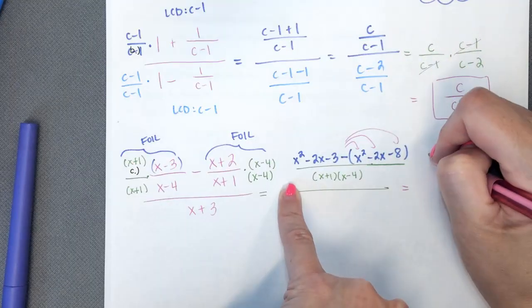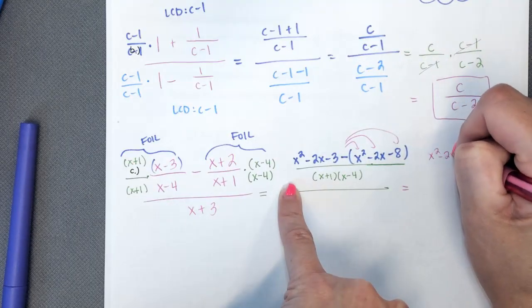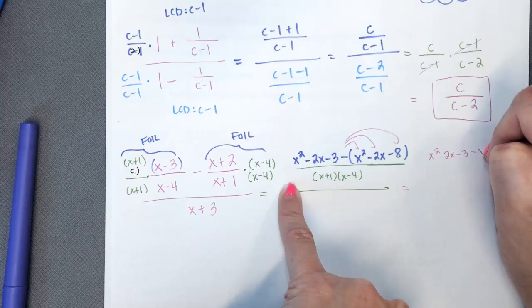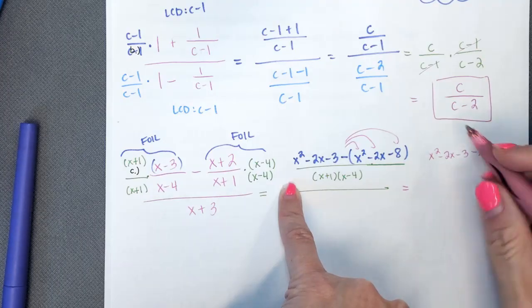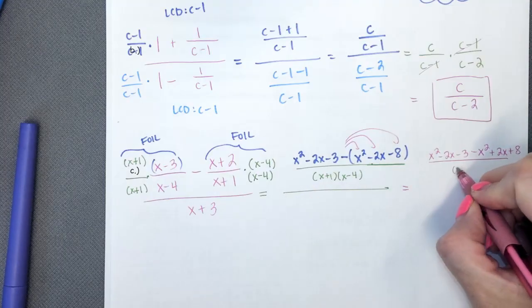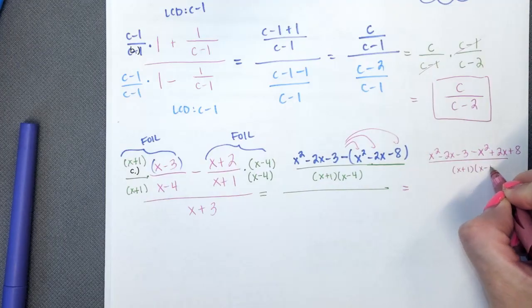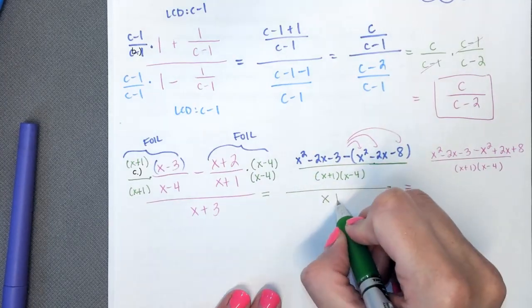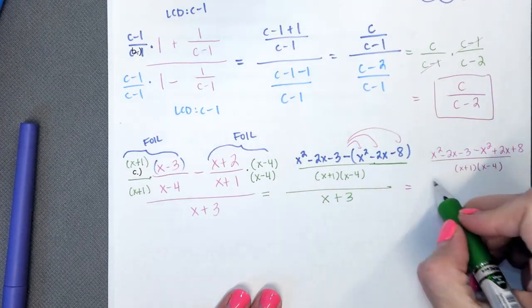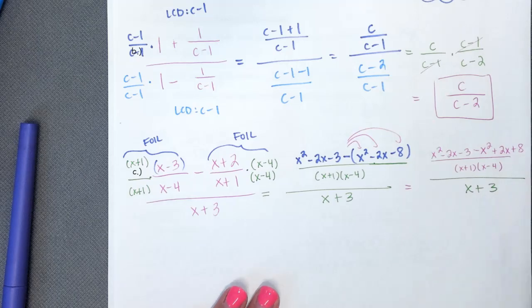So I have x squared minus 2x minus 3 minus x squared plus 2x plus 8 is what I have. And then this whole time, this is all over x plus 3. So that is still hanging out there.